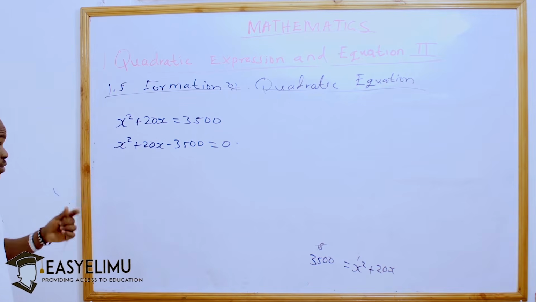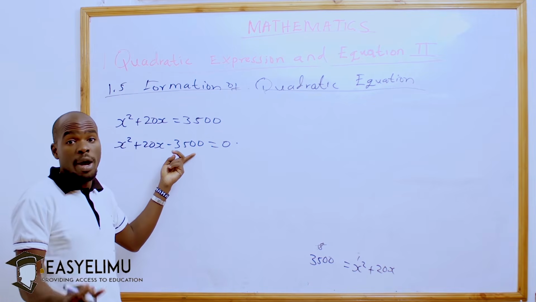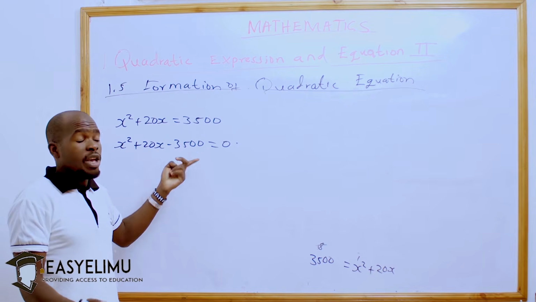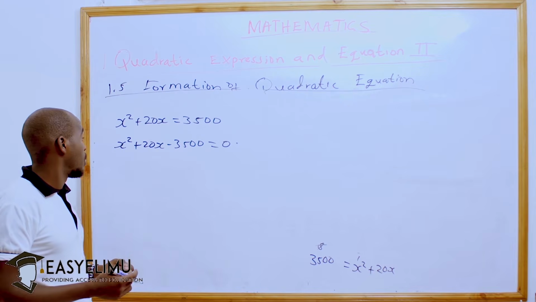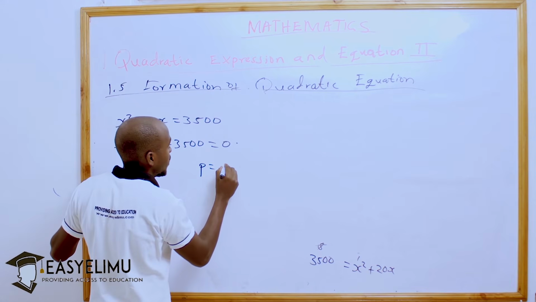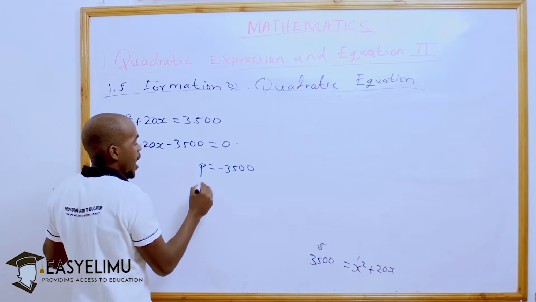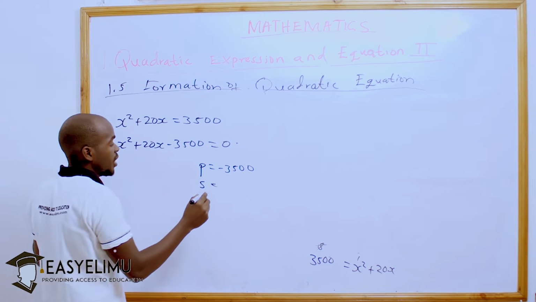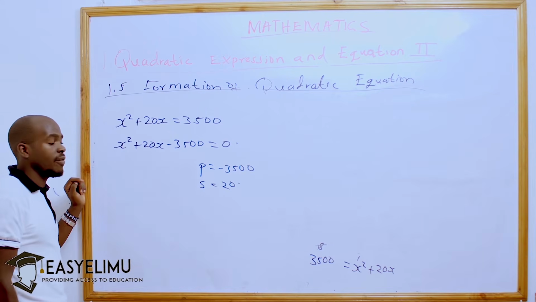Now we can identify two numbers, whereby the product of those two numbers is going to give us negative 3,500, and the sum of those two numbers will give us positive 20, the value of b.